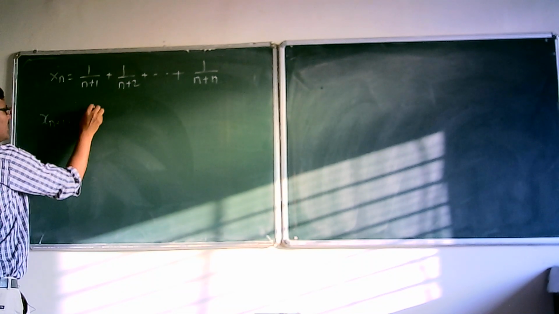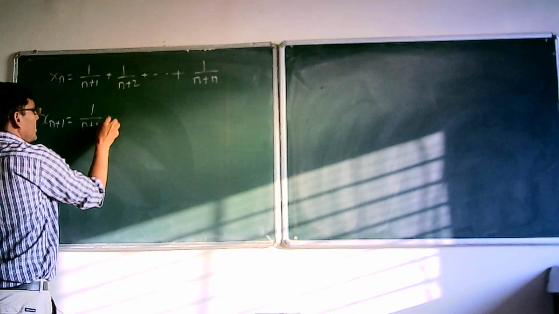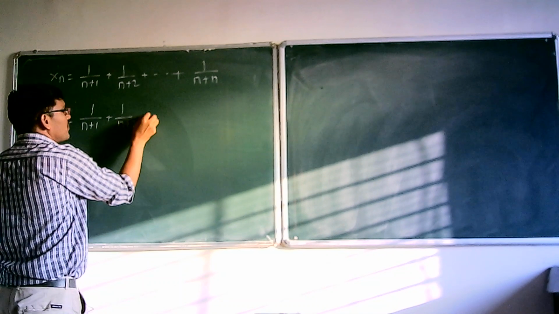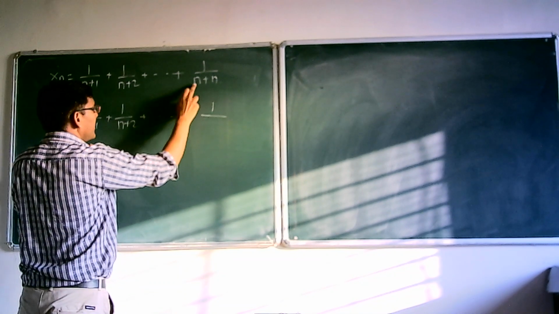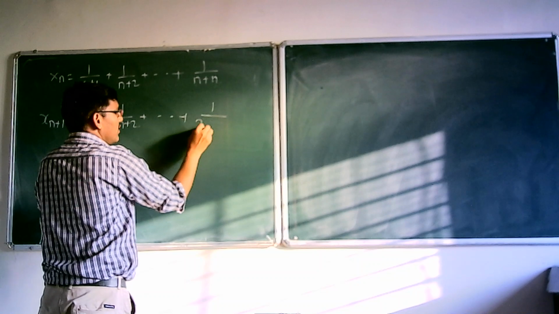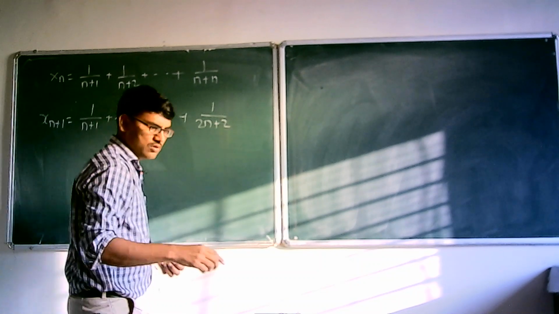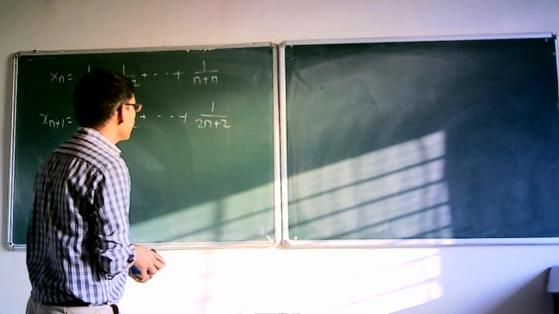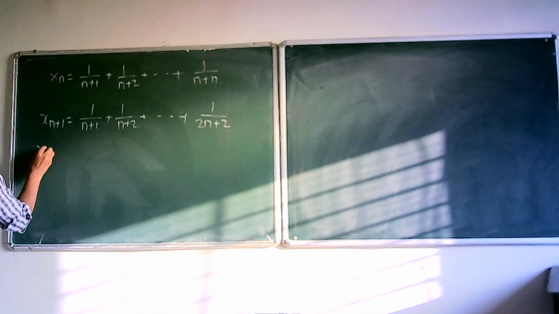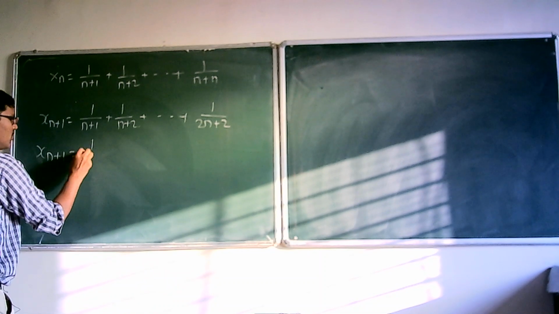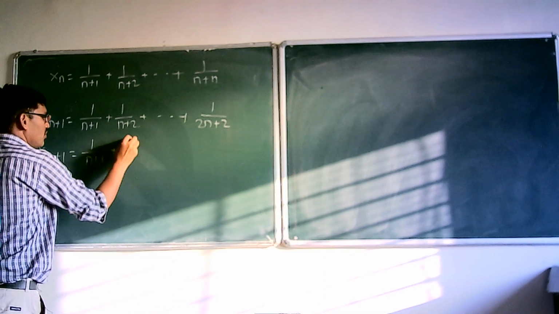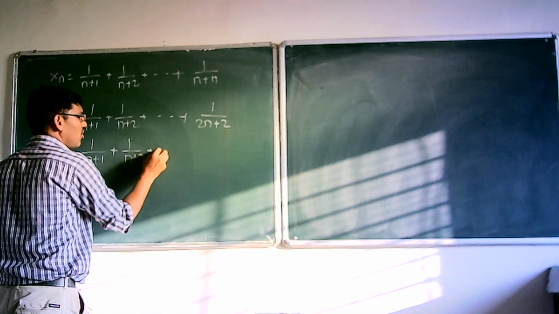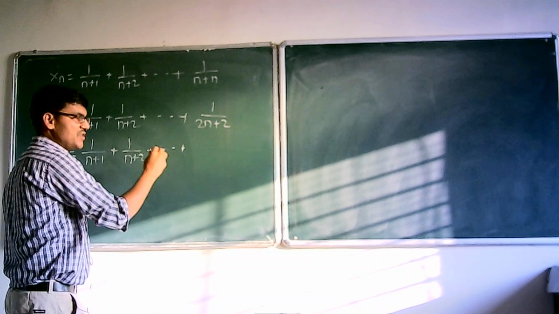It is 1 upon n plus 1, 1 upon n plus 2, plus dot dot dot. If we put here n equal to n plus 1, that is twice n plus 2, then this can be written as xn plus 1 is equal to 1 upon n plus 1 plus 1 upon n plus 2 dot dot dot. What is the previous term of this sequence?